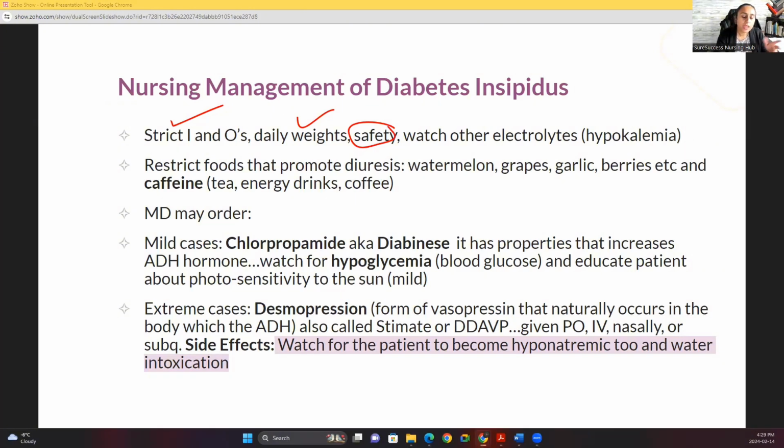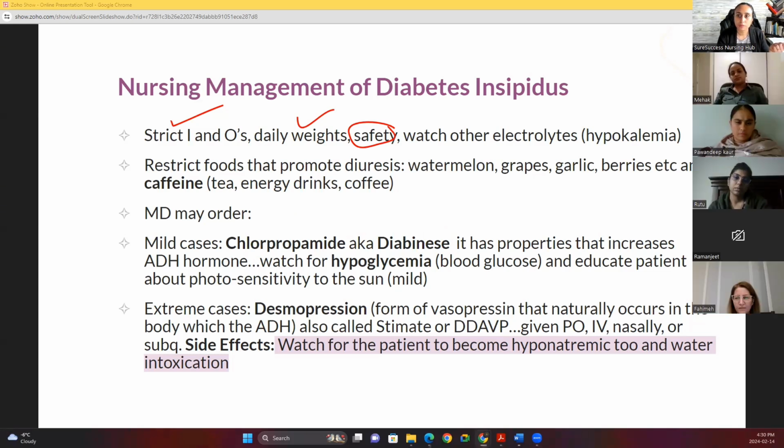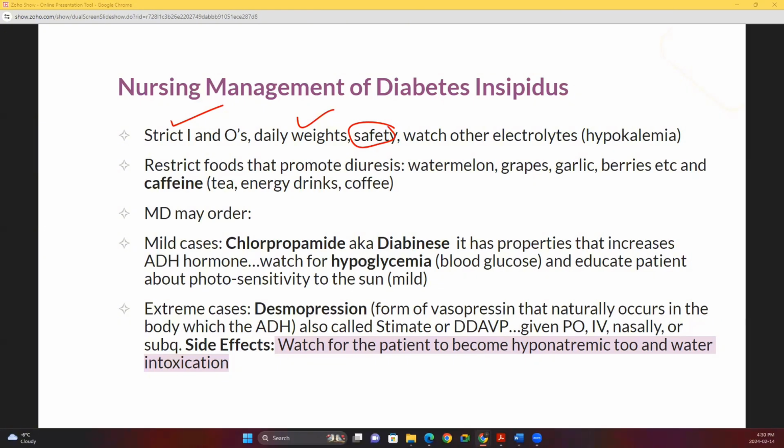Got it? And some mild cases which do not need any artificial hormones are treated with chlorpropamide. Diabetes, we call it. And the side effect for this medication is hypoglycemia. The patient can have less sodium. All right, so these are the signs and symptoms.